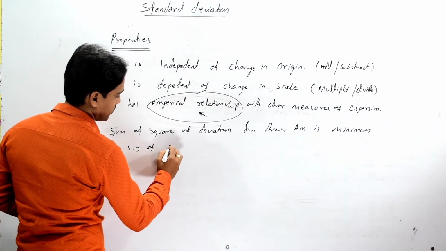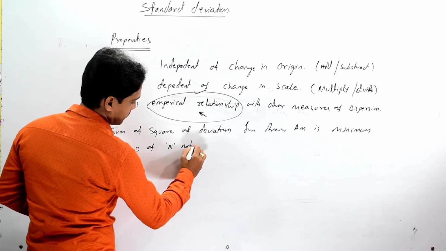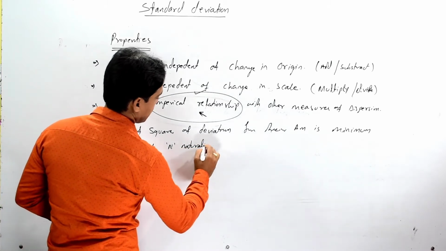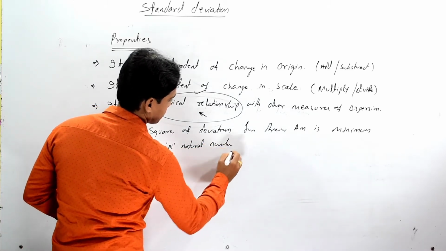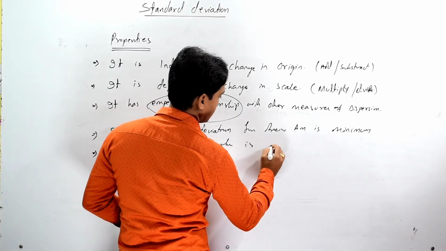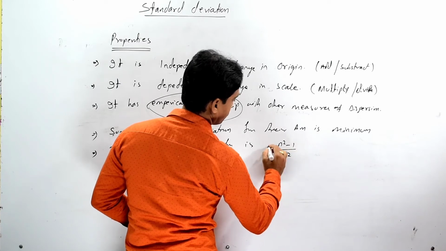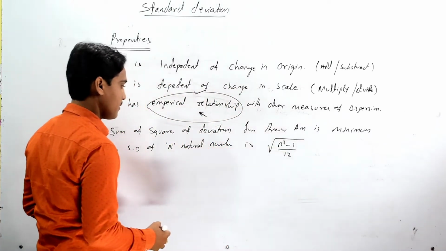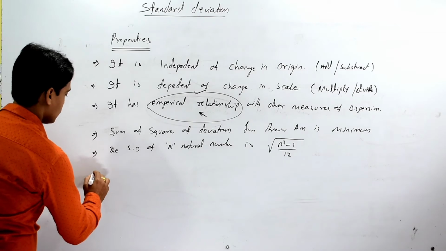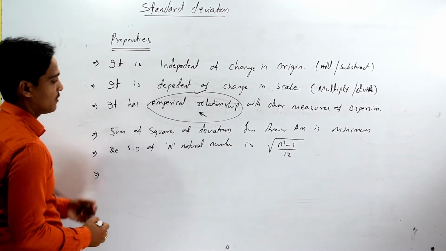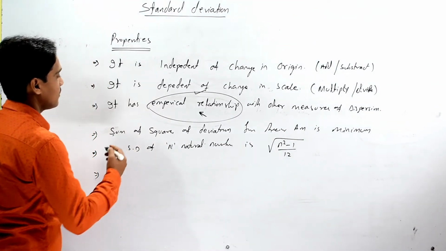then our next property is the standard deviation of n natural numbers is the whole root of n square minus 1 by 12, and it is also amenable to further algebraic treatment.